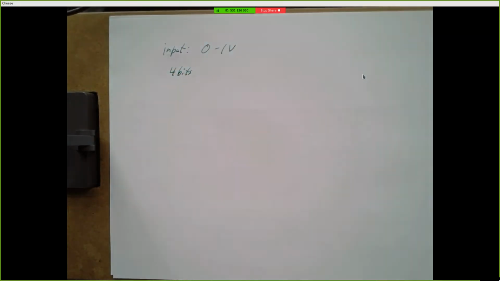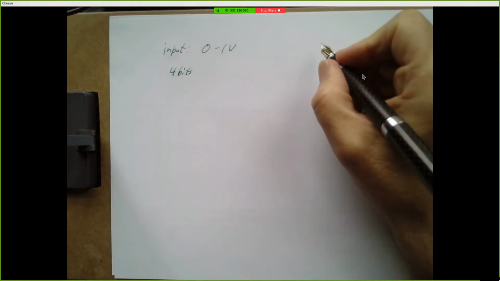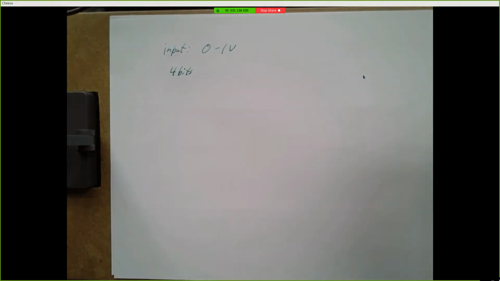Okay, first question, can somebody tell me, if you have 4 bits, how many things can you represent with 4 bits? 16. How did you get 16? So 1 bit would be 1, 2 bits would be 2, 3 bits would, oh, wait, would it be 8?